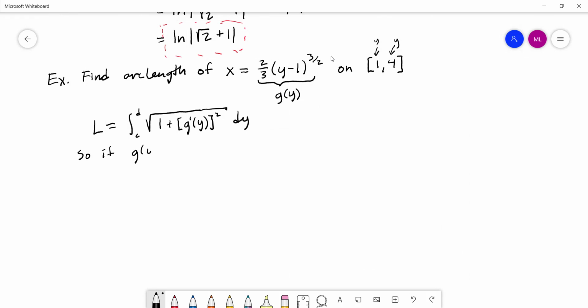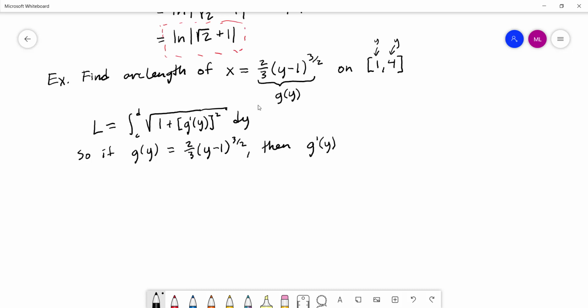So if g of y equals 2/3 times y minus 1 to the 3/2, then what is g prime of y? What's the derivative? So I'm taking the derivative with respect to y. This is just power rule. The power will come down. So we'll get 3/2 times 2/3. Those will cancel. And the power here goes down by 1.